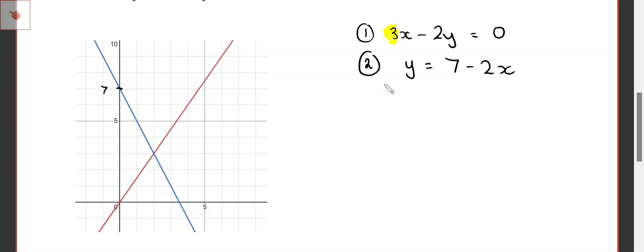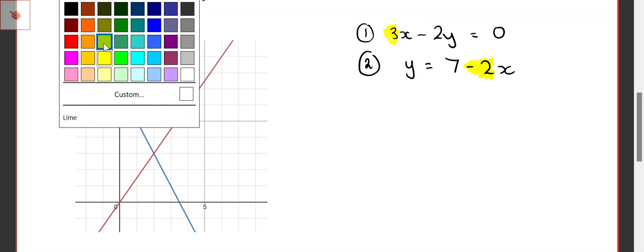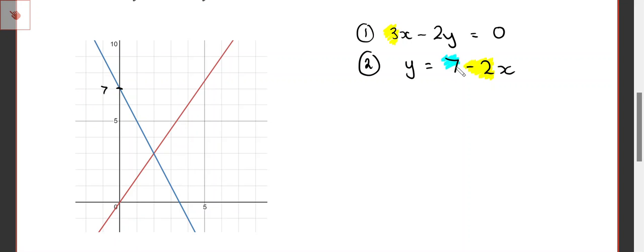We talked about that. This is the value before the x on the other one. So this is a negative gradient. This would be a positive. Yeah, that's definitely one way to look at it. The other thing is, yeah, this one crosses at 7, which is where this one crosses. Okay, so this one is number 2, and this one is 1.